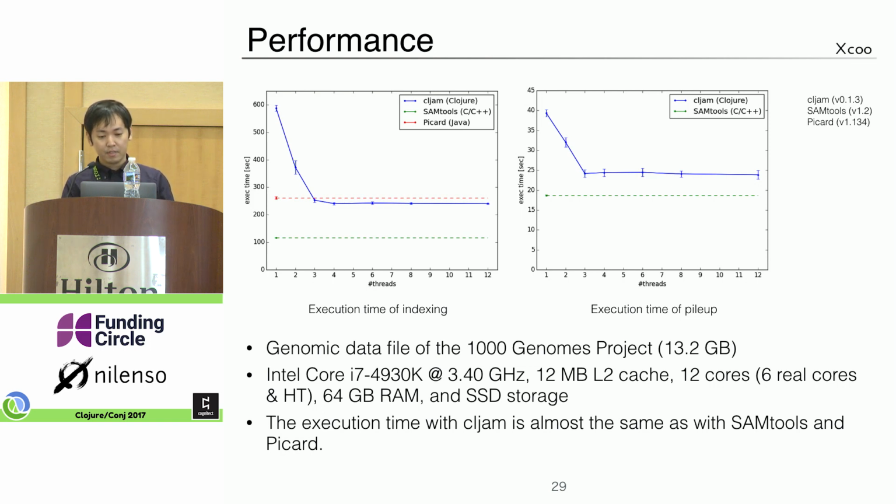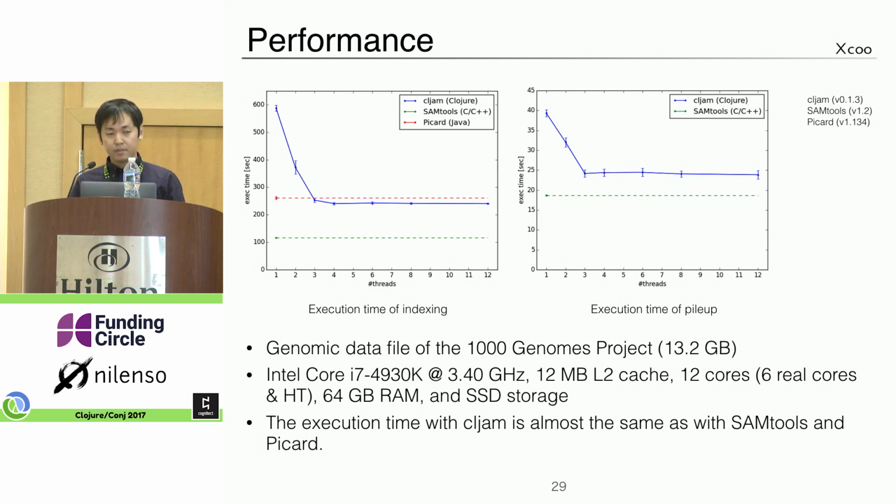We used 13.2 gigabytes of genomic data from the 1,000 Genomes Project and measured on a 12 core machine. The blue line is the change for our library in Clojure. The green line is SAMtools 1, and the red line is Picard 1. These versions of SAMtools and Picard did not support multi-threaded execution, so only the time under one thread is drawn.